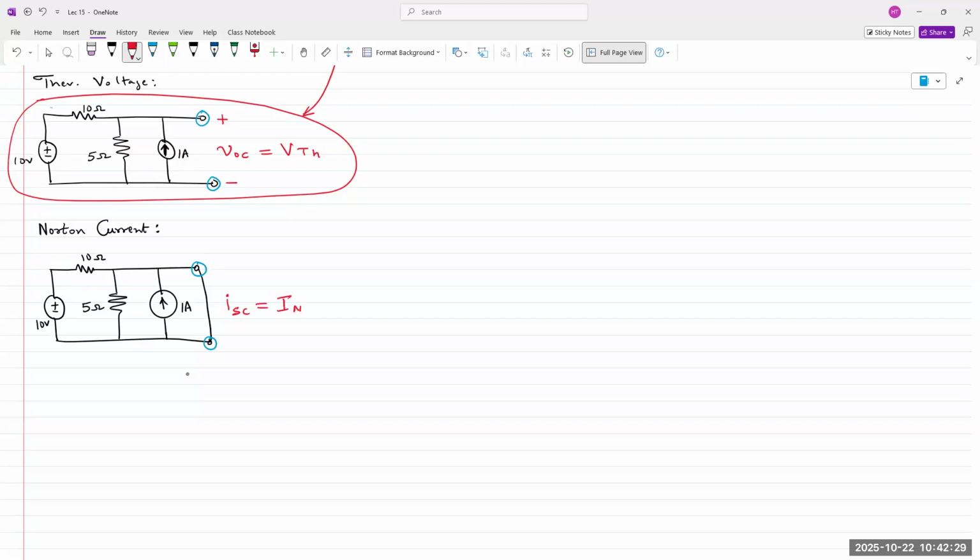Current always flows from high to low, always goes from plus to minus, except for a source. But this is not a source. So if you chose plus at the top and minus at the bottom, current must flow from plus to minus. So it's going down. So again, this is an assumption on our part, but the assumptions for both ISC and VOC must match.